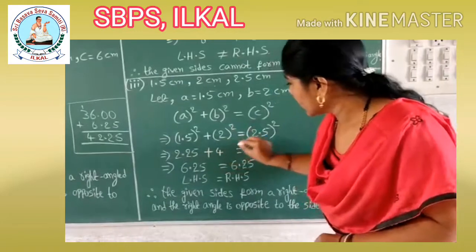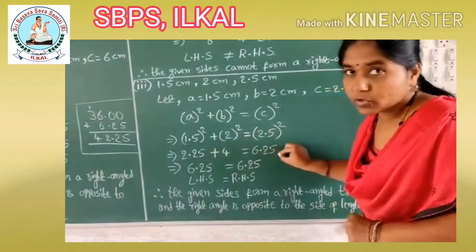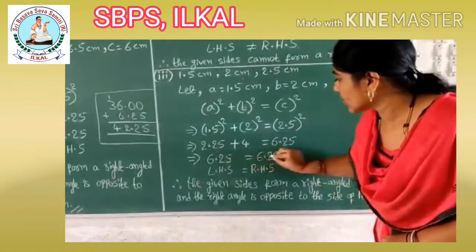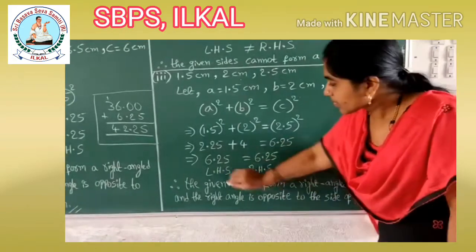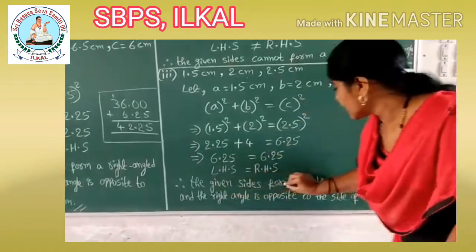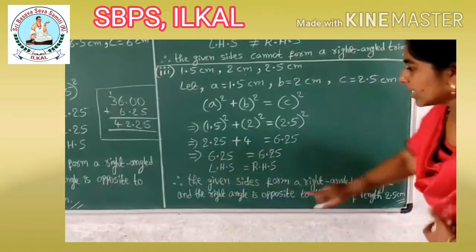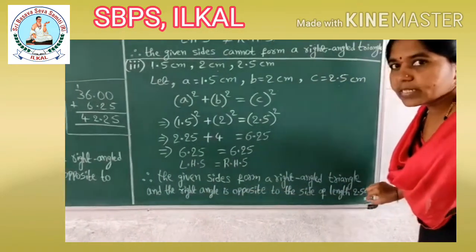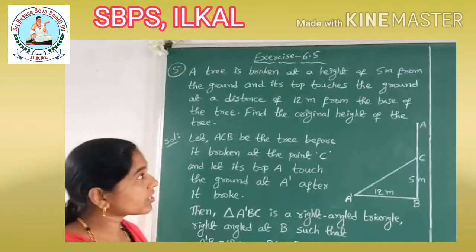Then 2 2s are 4. 2.5 square is 6.25. When you add these two, you will get 6.25, which is equal to 6.25 already. LHS is equal to RHS it has become. Therefore, the given sides form a right angled triangle and the right angle is opposite to the side of length 2.5 centimeter.